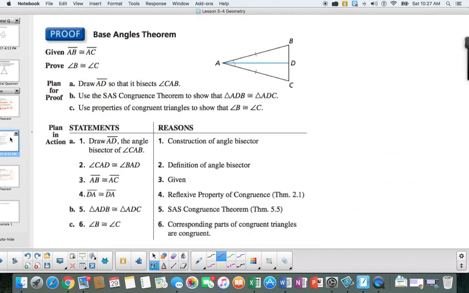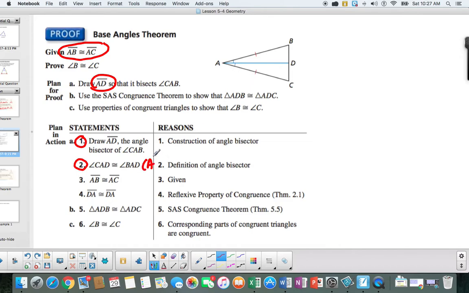All right, let's take a look at the proof. We have two sides congruent, that's what the given says, and we'd like to prove that these angles are congruent. We're going to do that first by drawing an angle bisector. Step one is to draw an angle bisector. Every angle can be bisected. Now, when you have an angle bisector, you're going to have a pair of angles.